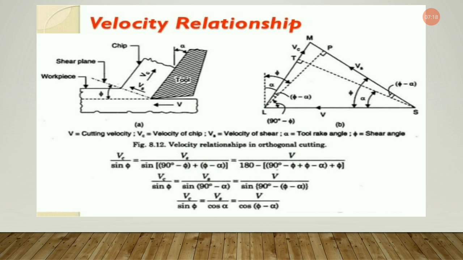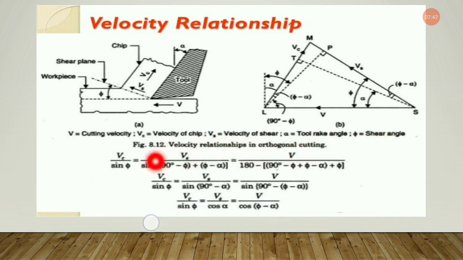Now look, the chip velocity Vc. Here this is Vc, this is Vs, and this is V. Here V is the cutting velocity, Vc is the velocity of the chip, Vs is the velocity of shear, where alpha, as I told you earlier, is generally the rake angle and phi is generally the shear angle.